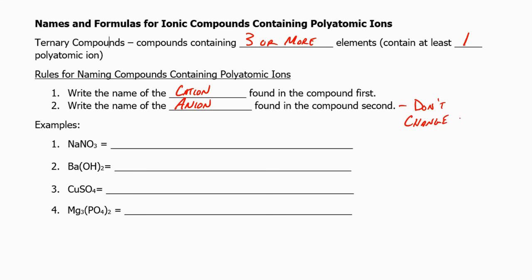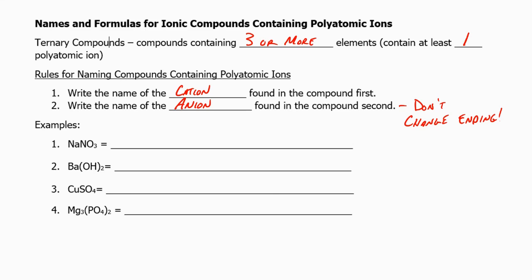We don't have to worry about changing endings to ides or anything like that. If something is sulfate, it's just sulfate. So with that in mind, remember our polyatomic ions list is in the commit to memory page. Take a second, find that, and pull it out, so that you can look at it as we go through our next couple examples here.